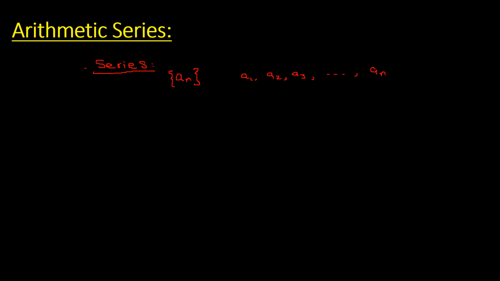That series is the sum a1 plus a2 plus a3 and so on to plus an, depending on how many terms we are taking from the sequence. Here we are taking n terms, and it is denoted by the sum from i equals 1 to n of ai, which is the same expression that is given here.